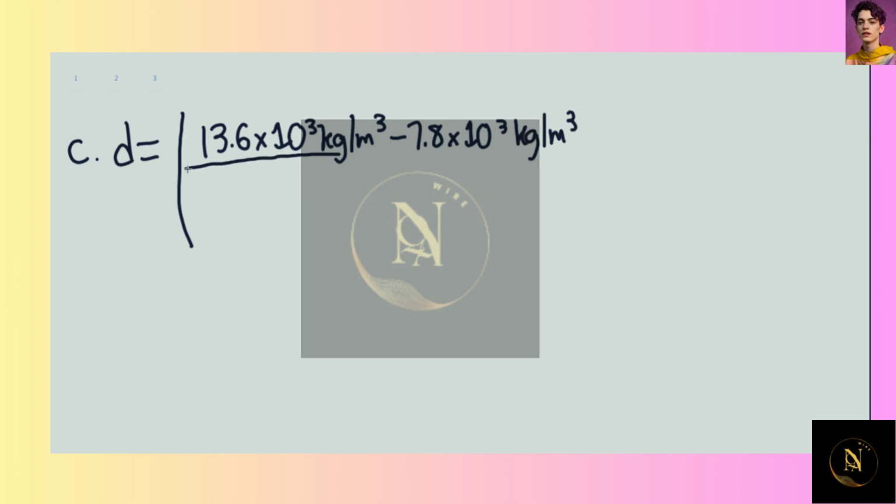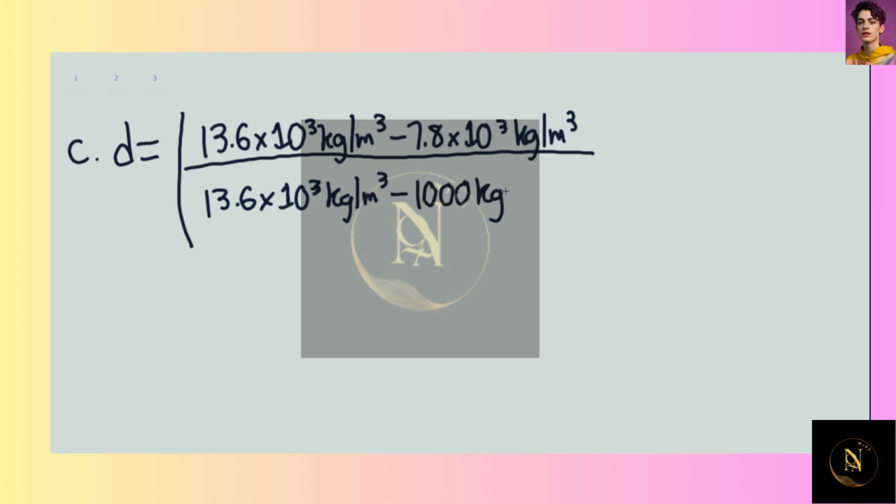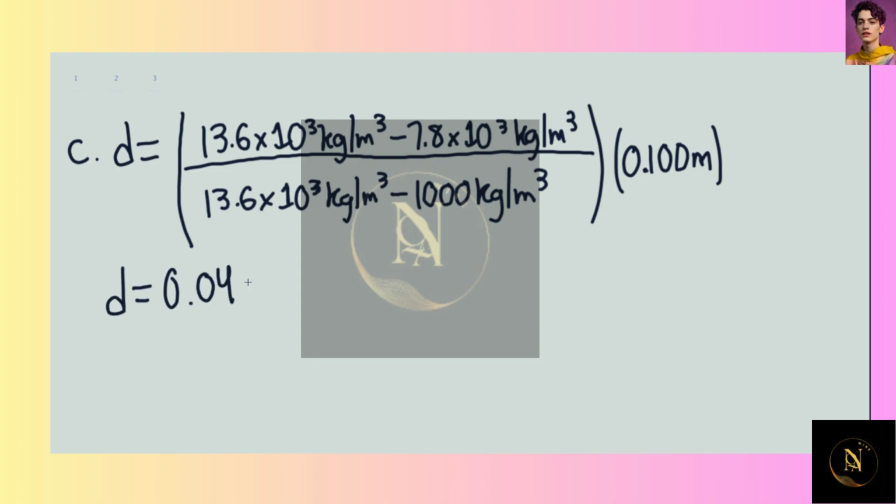This would be divided by, again, 13.6 times 10 to the third kilograms per cubic meter, minus 1,000 kilograms per cubic meter, the density of water. This would be multiplied by 0.100 meters. And we have that D equals 0.0460 meters. This would be our answer for part C.